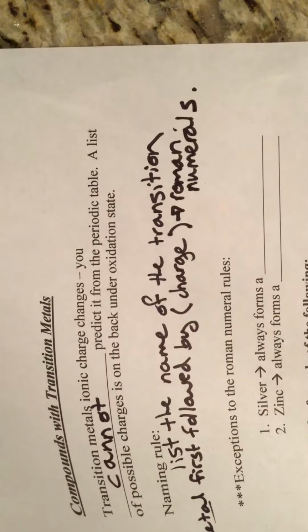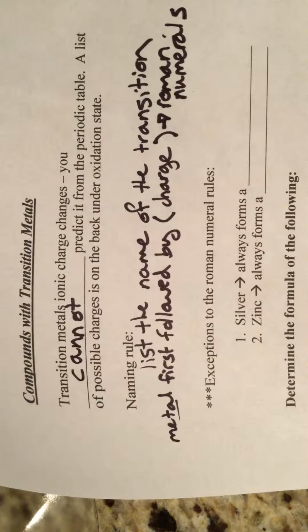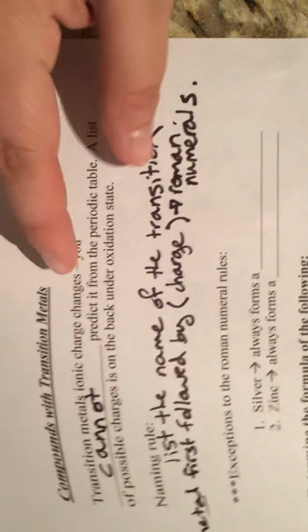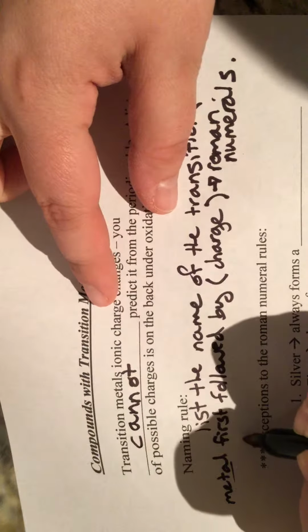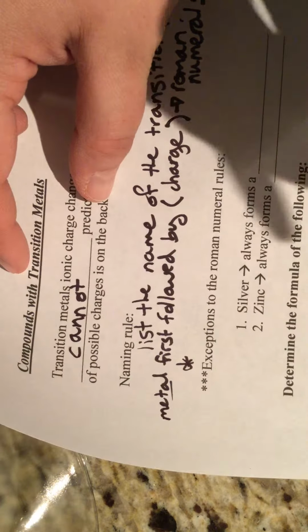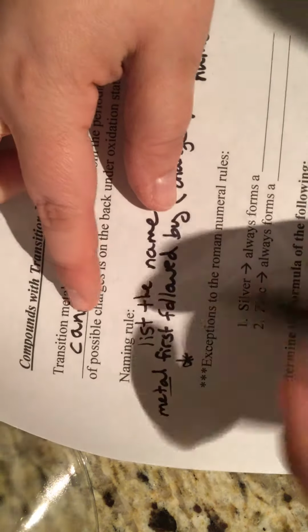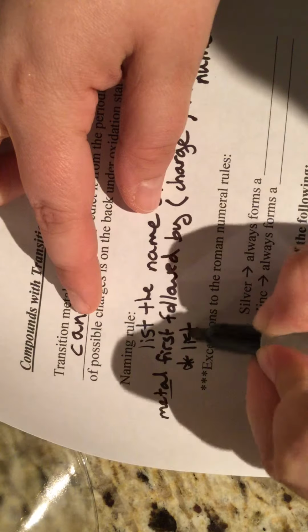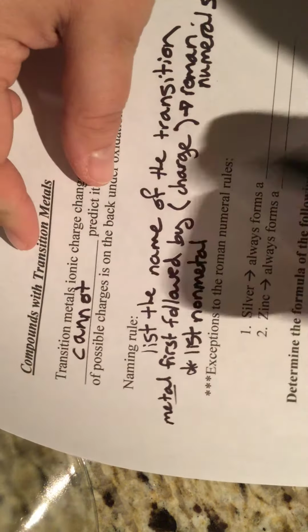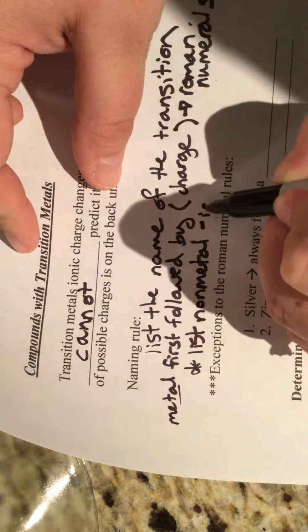Okay, so I'm not quite done yet. List the name of the transition metal first, followed by the charge in parentheses, and that charge needs to be in Roman numerals. The last part of it, I'll just do a little star here so you know I'm on a different line, is you list your non-metal with that lovely IDE ending.